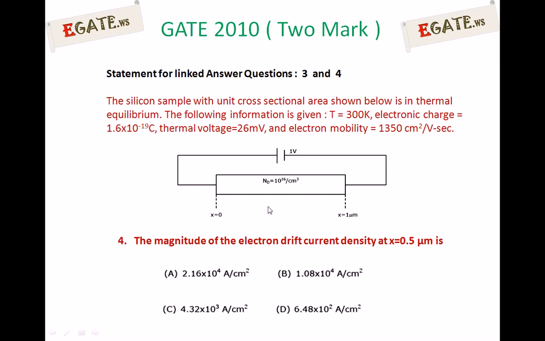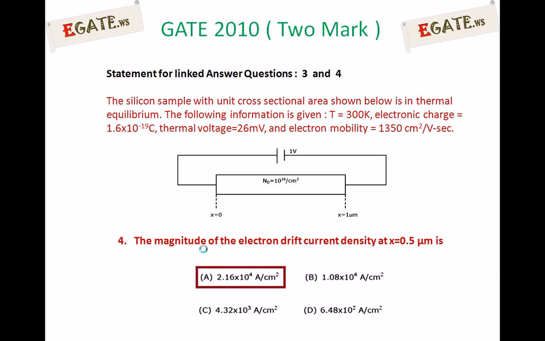The length of the semiconductor is x is equal to 0 to x is equal to 1 micrometer. If you are applying 1 volt, what will be the magnitude of drift current density at x is equal to 0.5 micrometers? The right answer is A, 2.16 into 10 power 4 ampere per centimeter square.